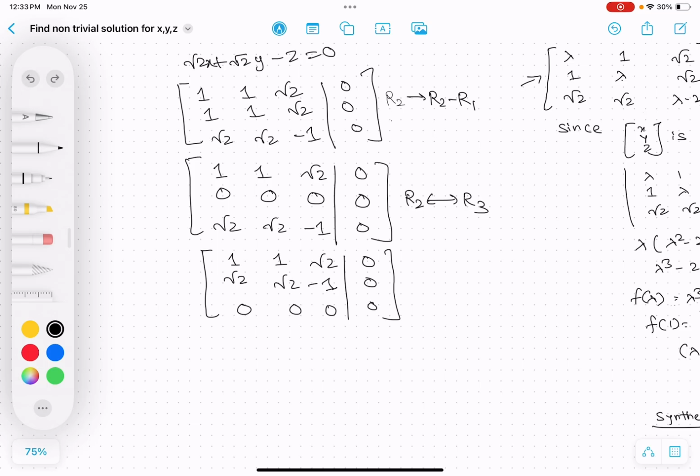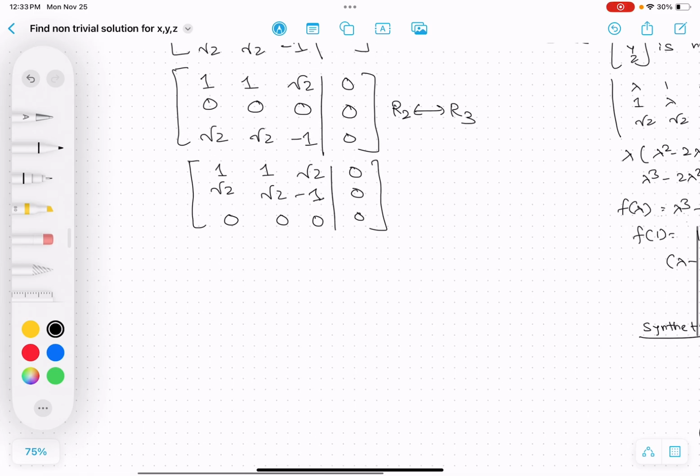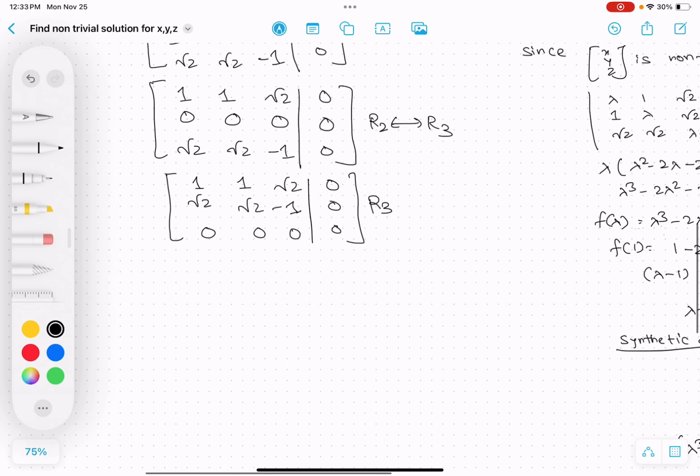I could have introduced both operations, that row 3 is also row 3 minus root 2 row 1. I did not do that. If I had, it would have been shorter, but I can still do it. Nothing has caused trouble to us till now. Okay, so sorry, not row 3, this row 2. I'm sorry guys.